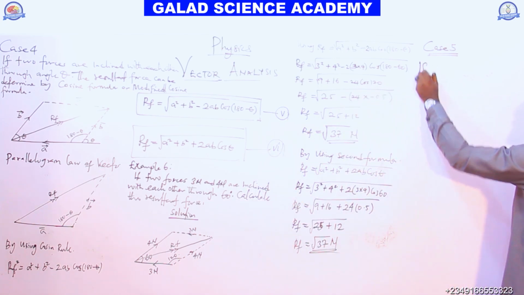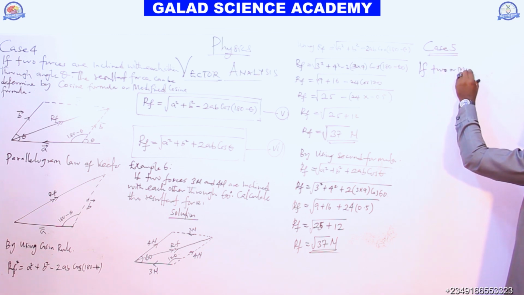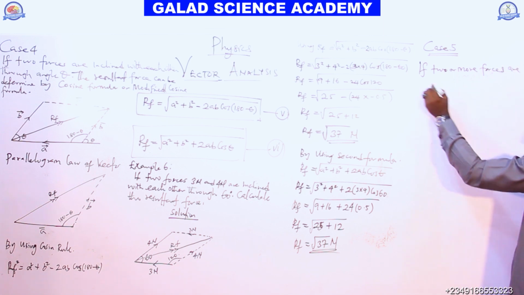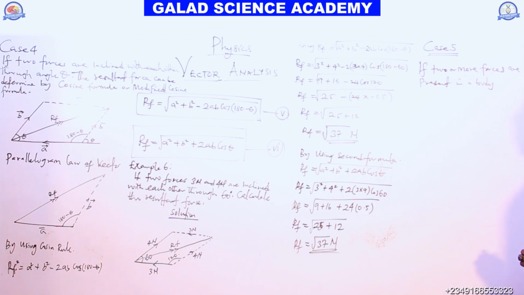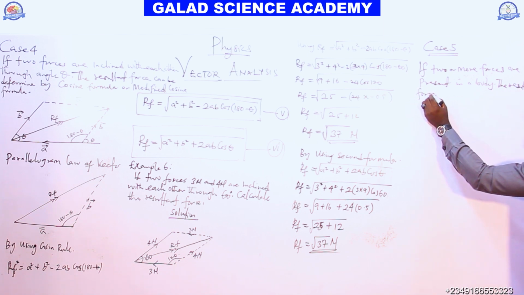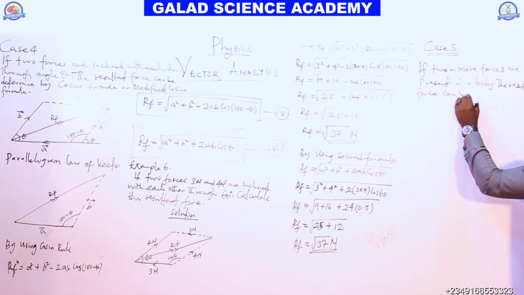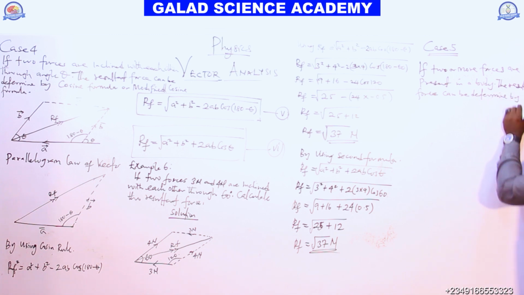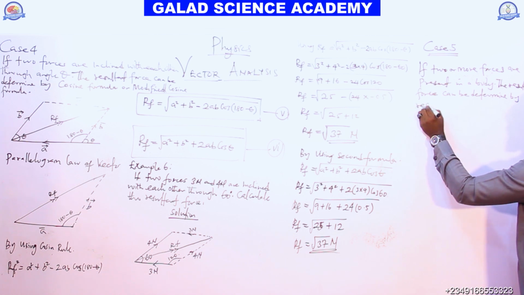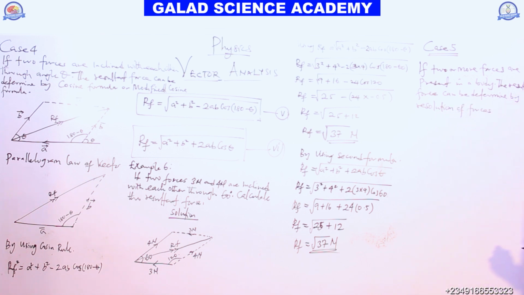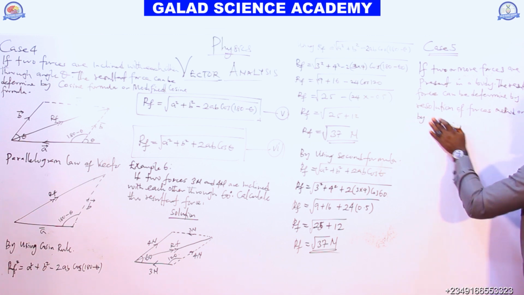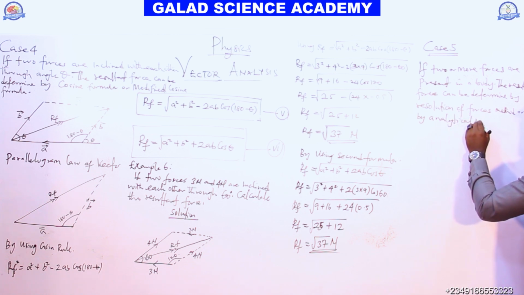In case 5, if 2 or more forces are present in a body, the resultant force can be determined by the resolution of forces method or by the analytical method.